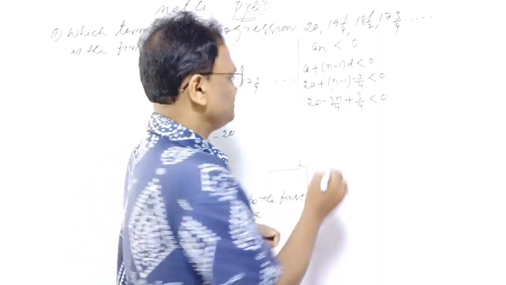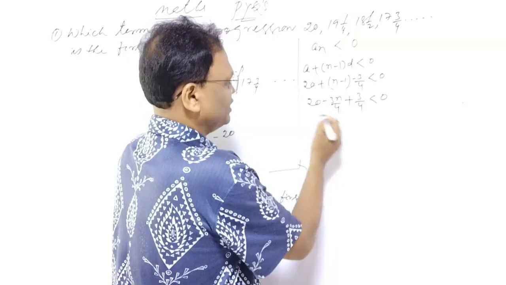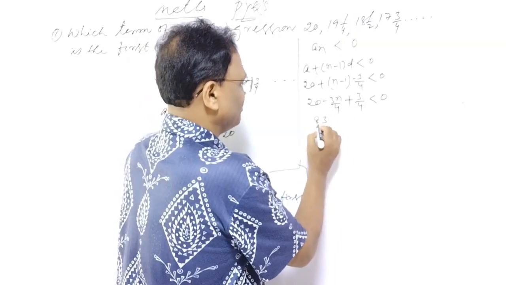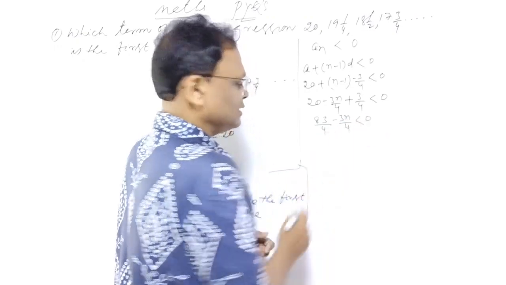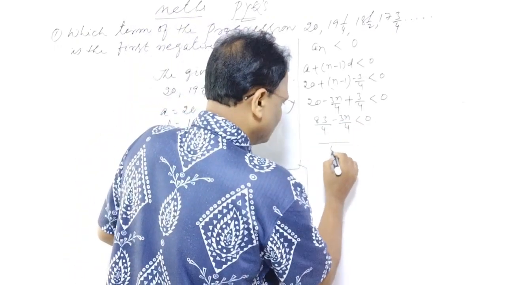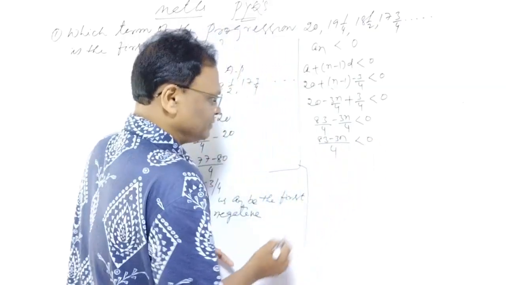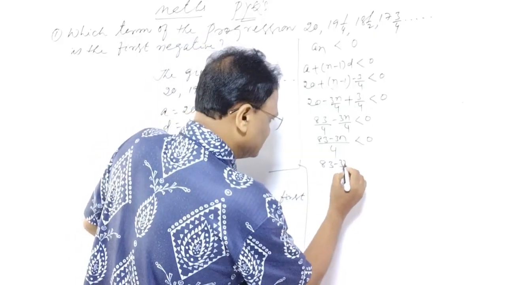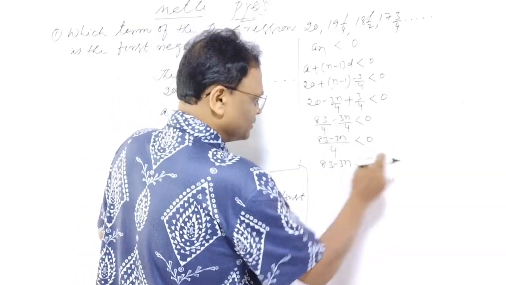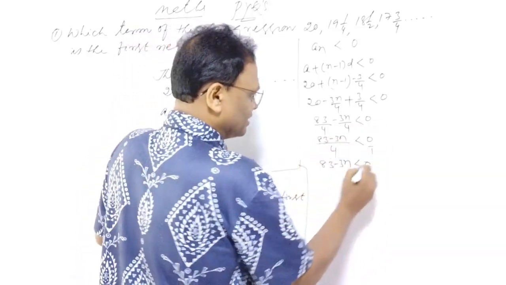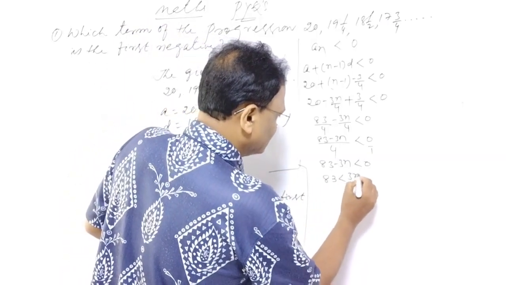If I further simplify, 20 plus 3/4 will be 80 plus 3, 83/4, minus 3n/4, which is less than 0. So I am going to get (83 minus 3n)/4 less than 0, that is 83 minus 3n is less than 0, or 83 is less than 3n.